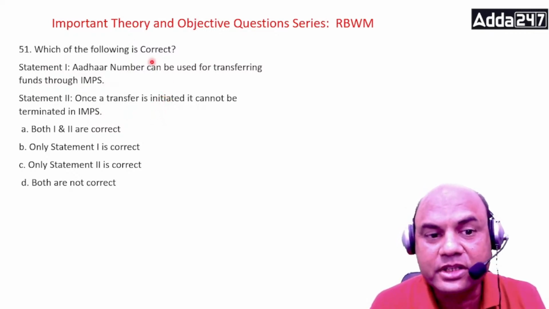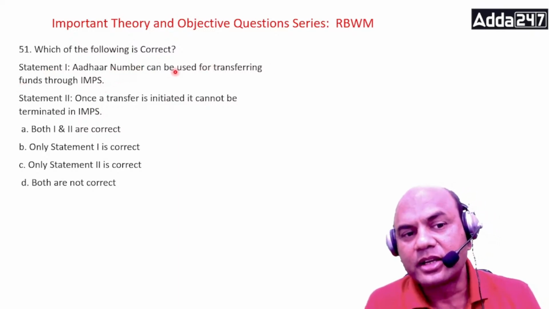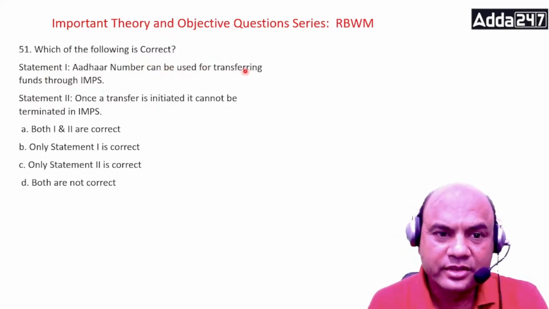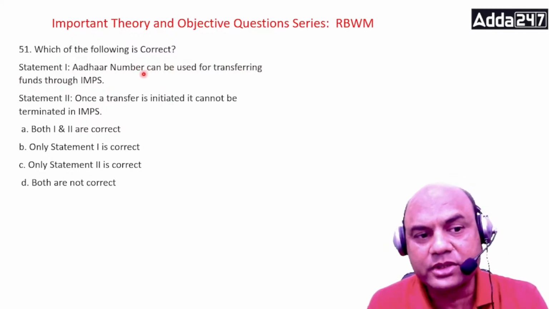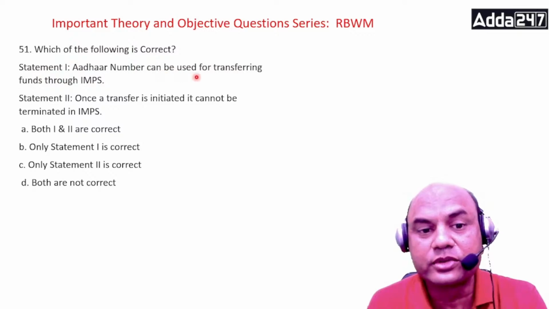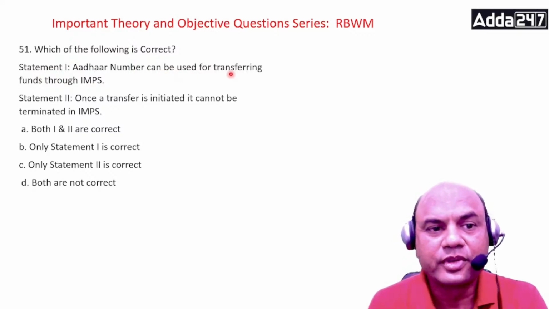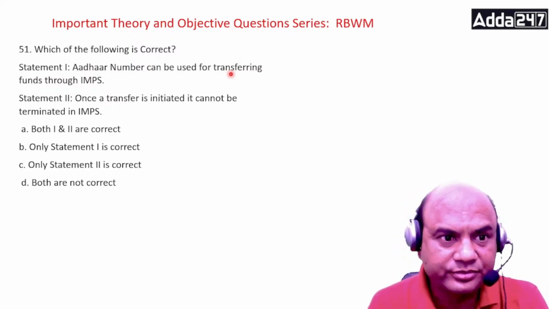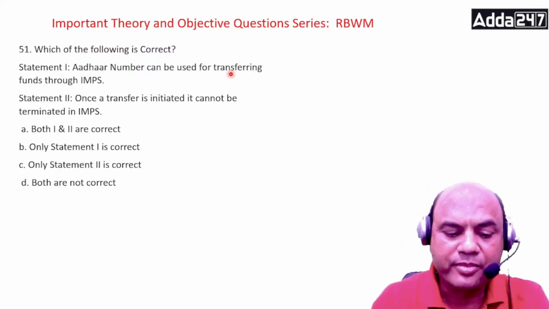So which of them is correct? Aadhaar number can be used for transferring funds through IMPS. Can Aadhaar number be used? Anyone? Yes? We can use Aadhaar number for transferring the funds. Got it? In IMPS, what is the method of transferring the funds?